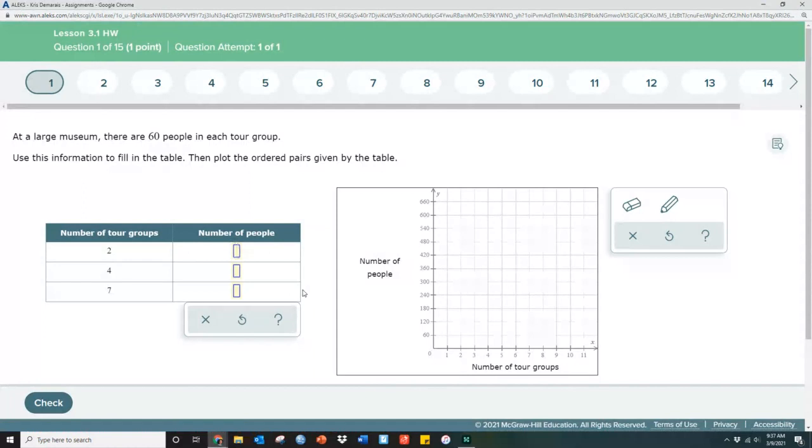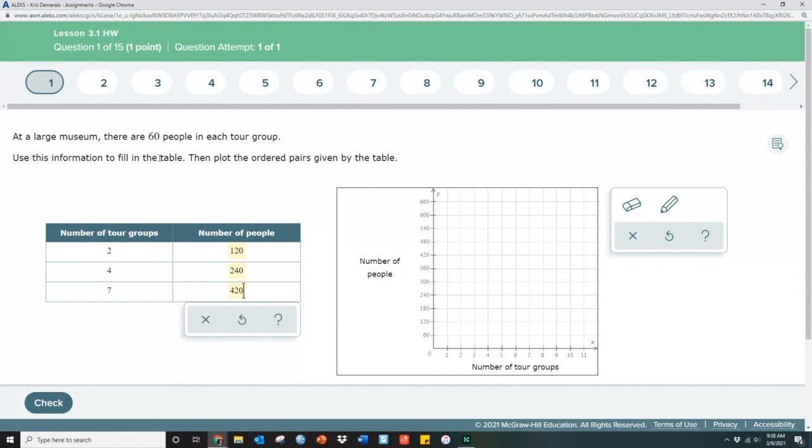So it's a matter of just realizing that if I have 2, then it's going to be 60 times 2, or 60 plus 60, which is 120. So it's a matter of multiplying. So 4 times 60 is 240 people. 7 times 6 is 42, so it's going to be 420.